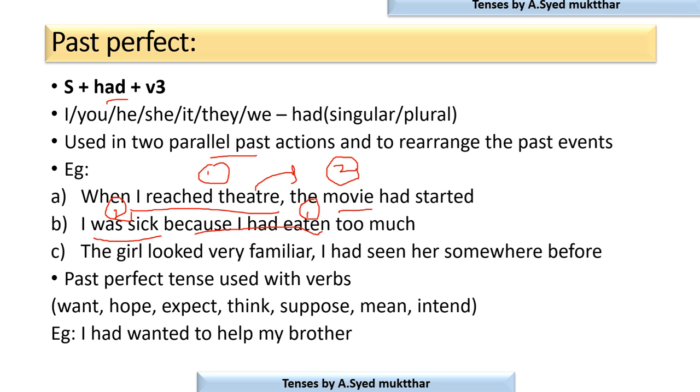The girl looked very familiar is the second event. I had seen her somewhere before is the first event. So in order to arrange two past actions, we should use past perfect. Past perfect tense is also used with the following verbs: want, hope, expect, think, suppose, mean, and intend.